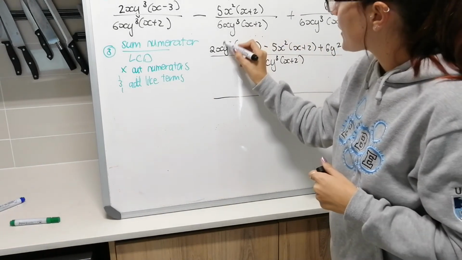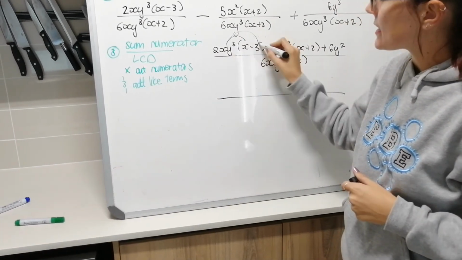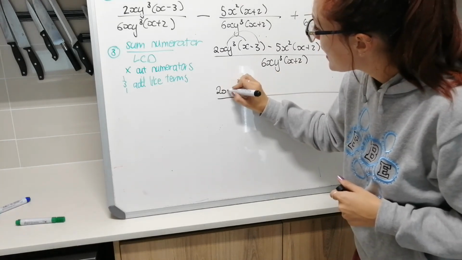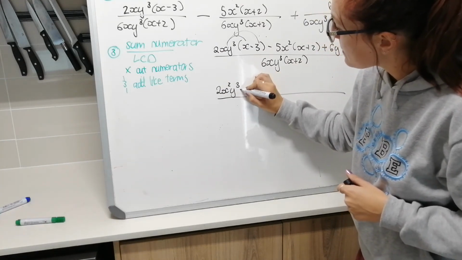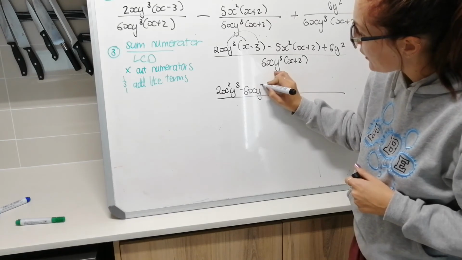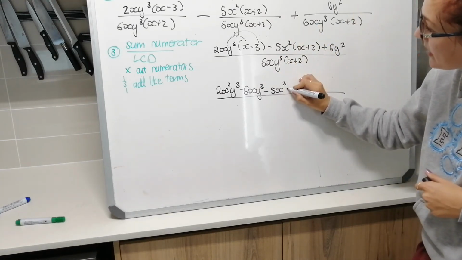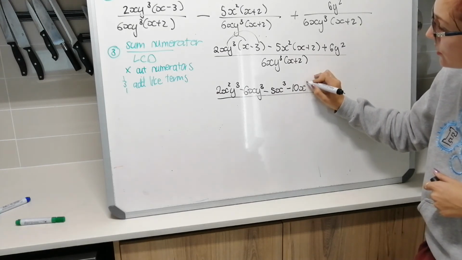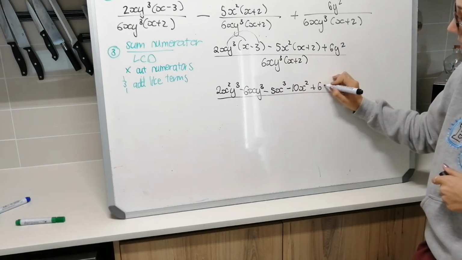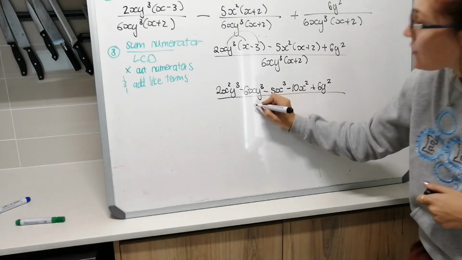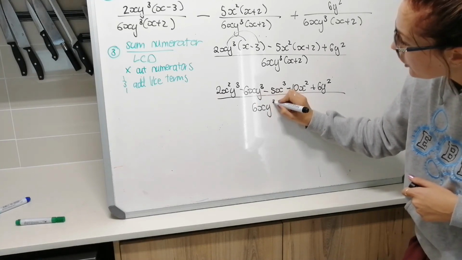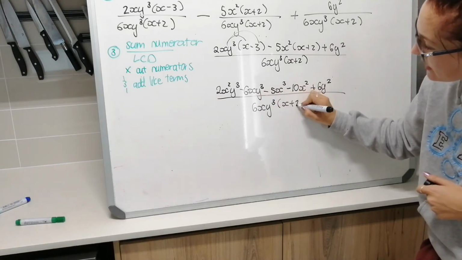I'm going 2xy cubed times x and then times negative 3. So I get 2x squared y cubed minus 6xy cubed. Second one, negative 5x cubed minus 10x squared. And last one is plus 6y squared all over 6xy cubed x plus 2.